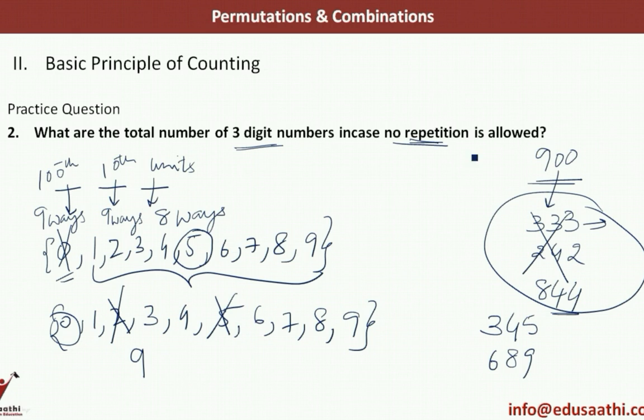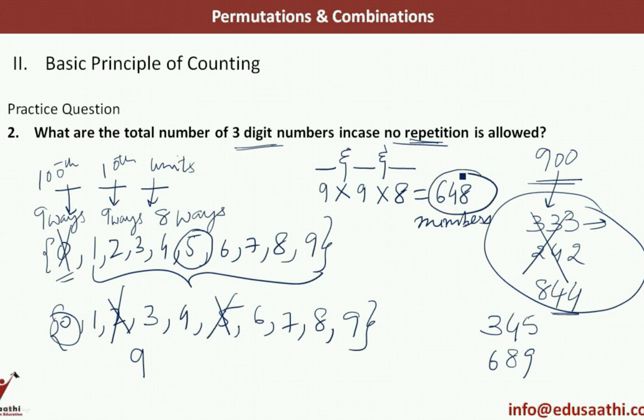Since this is the product rule and an AND case, because I need the first number and the second number and the third number, the answer is 9 multiplied by 9 multiplied by 8, which gives me 648 numbers. So this is the answer for the number of 3-digit numbers in case no repetition is allowed. I hope this is clear.